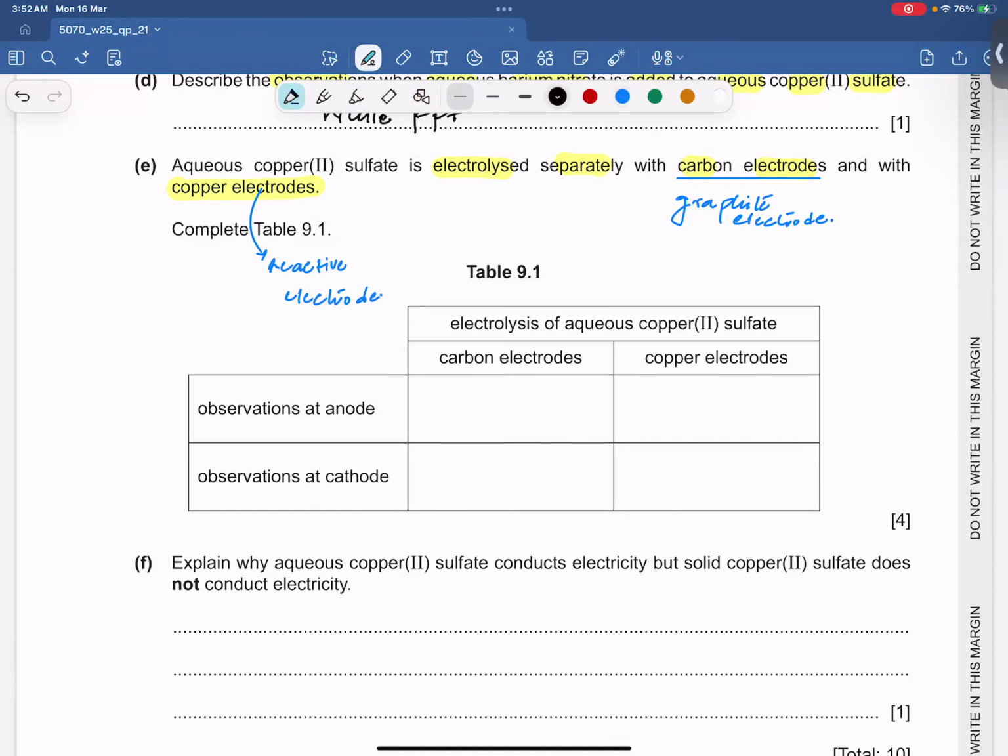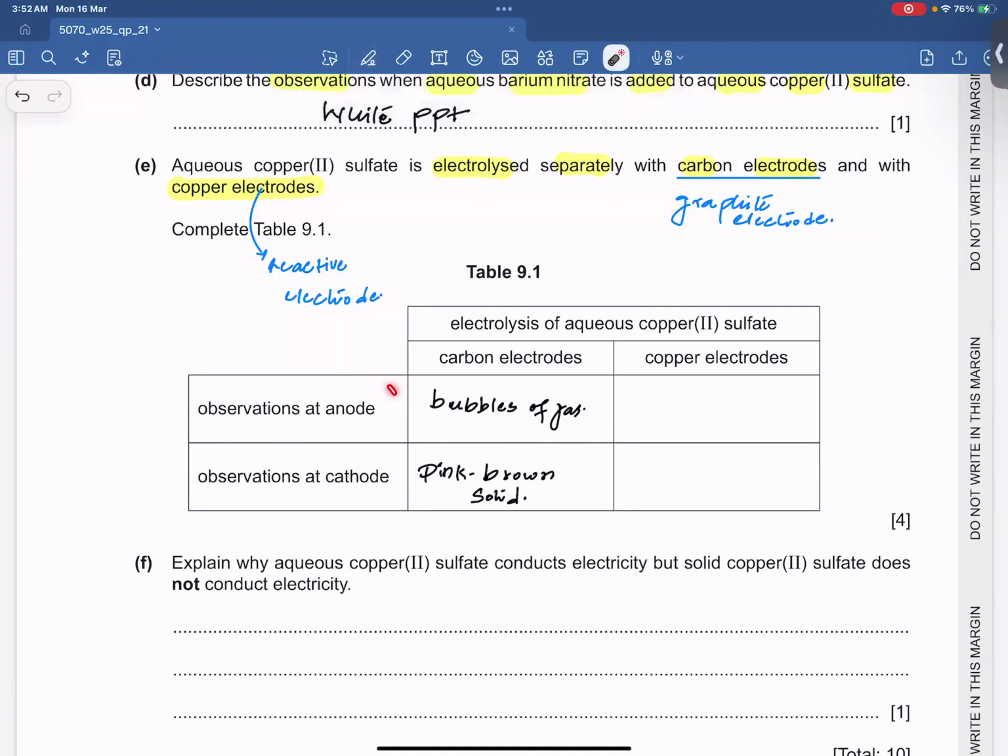Observation at anode, bubbles of gas. And observation at cathode, pink brown solid deposit. Copper has a pink brown color. Also, since the anode is made up of copper, at the anode oxidation takes place, which means this copper electrode dissolves itself because of oxidation.